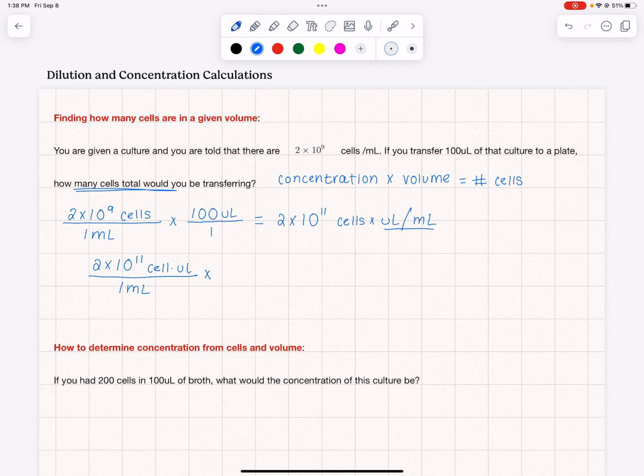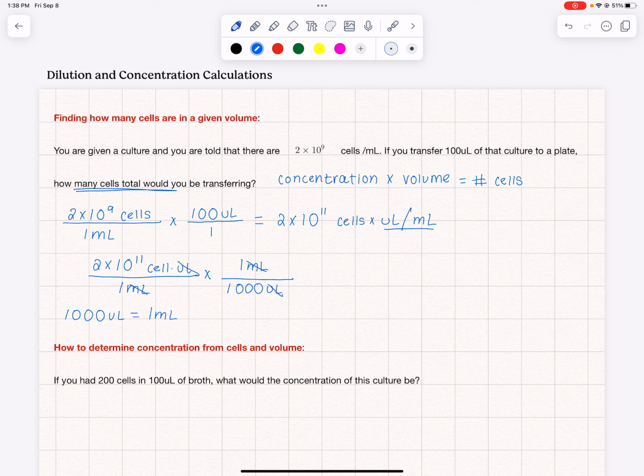So our conversion is, we know 1,000 microliters is going to be equal to 1 milliliter. And we need to cancel out our mils and our microliters. And in order to do that, we would then put 1,000 microliters in our denominator, so that would cancel out with the numerator. And we could add 1 milliliter to our numerator to cancel out the mils in our denominator.